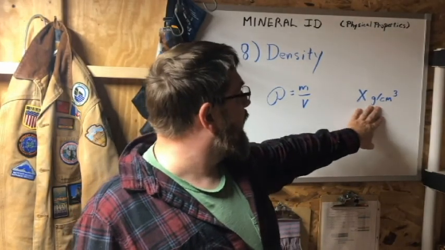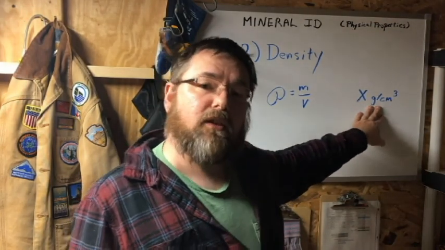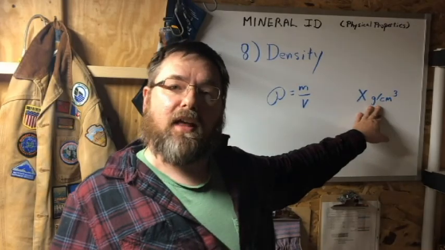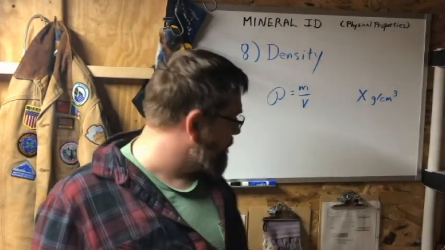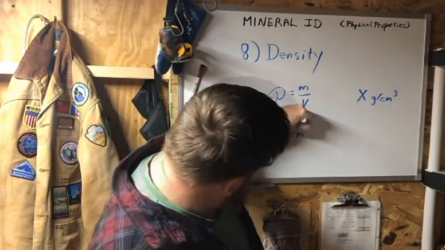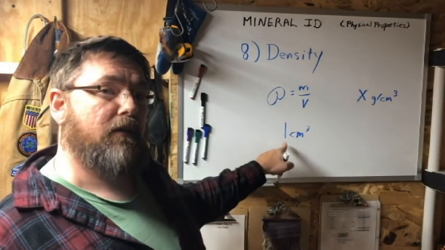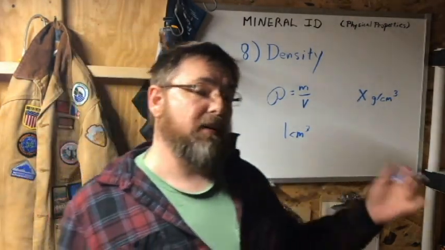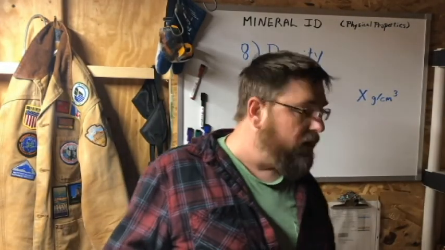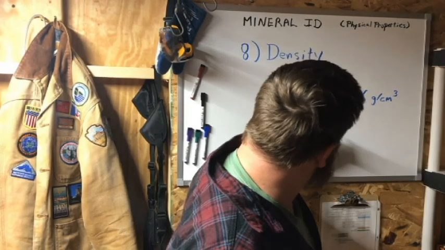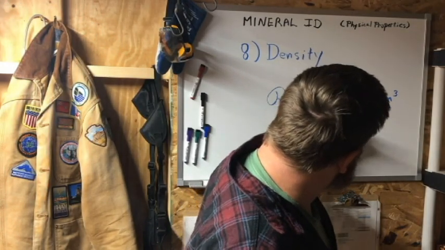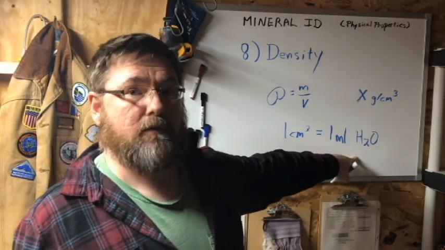And there's other advantages to doing density using metric instead of things like ounces and pounds, because the beauty of the metric system, 1 cubic centimeter at what we call STP, standard temperature and pressure, is equal to 1 milliliter of water.